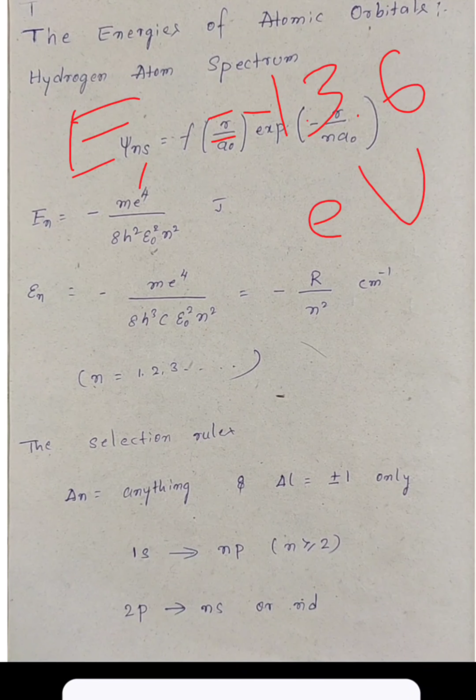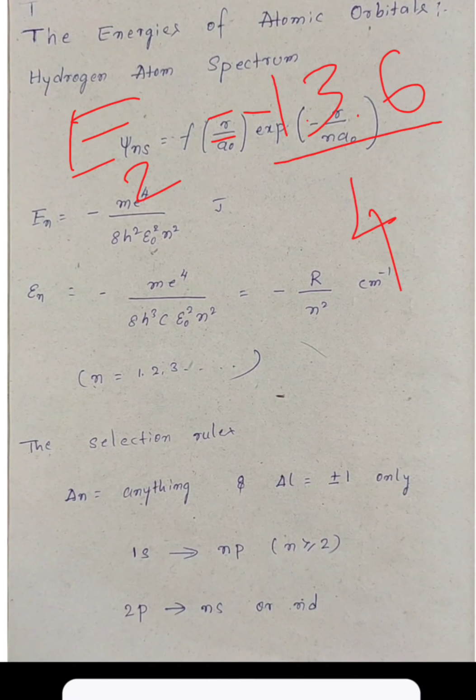Next, E2 indicates the energy of the first excited state, which is equal to minus 13.6 divided by 4. Here n is equal to 2, and 2 square means 4. 13.6 divided by 4 is equal to 3.4 eV. This is the energy of the electron in the first excited state.